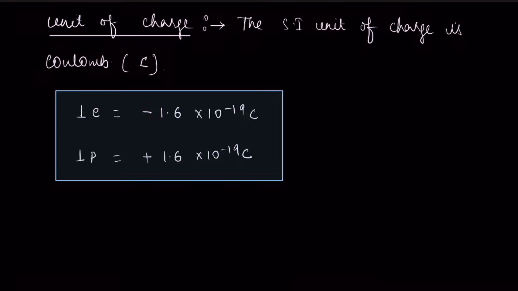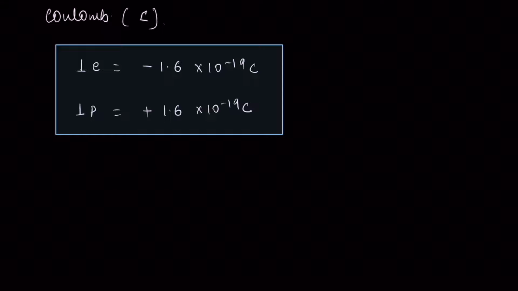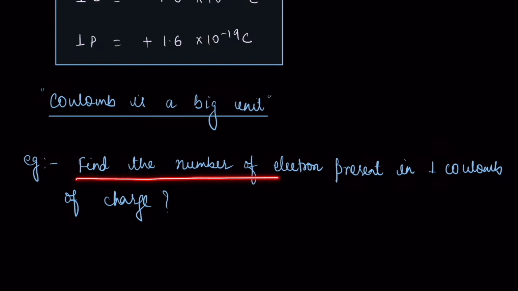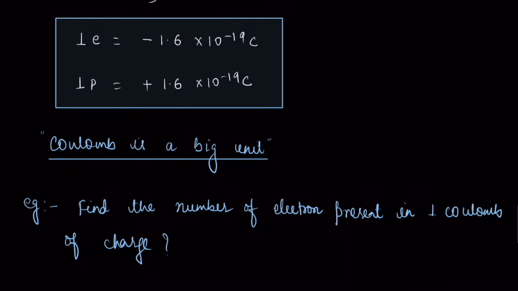This coulomb is a very big unit. How is it a big unit? I will explain with an example. In this question, find the number of electrons present in 1 coulomb of charge. It means we have to find how many electrons are present in 1 coulomb of charge. One point to always remember: the electron is the smallest unit of charge.